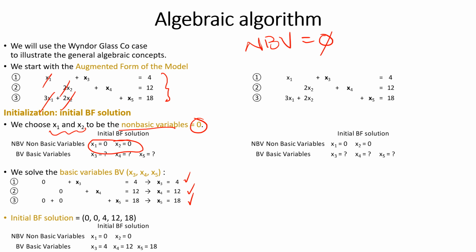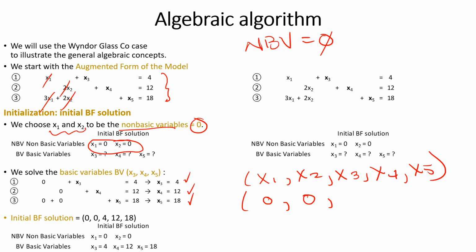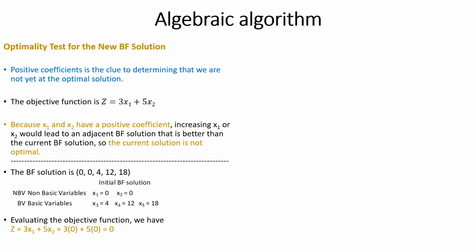We have 3 equations with 3 variables in the system of equations, and now we can solve it. So now my solution x1, x2, x3, x4, x5 has the values 0, 0, 4, 12, 18.